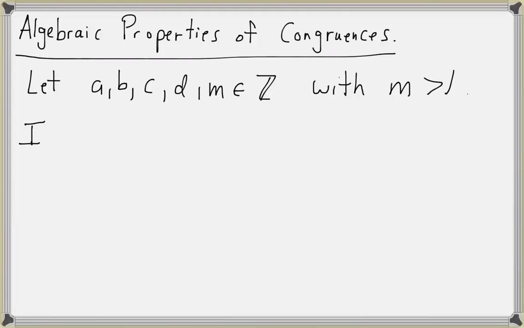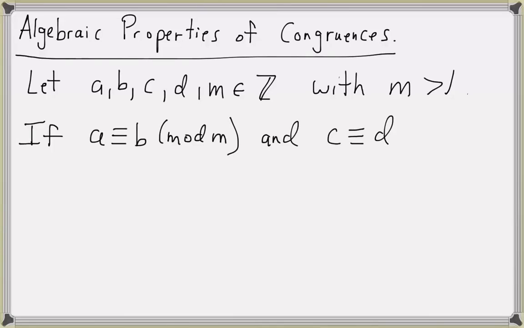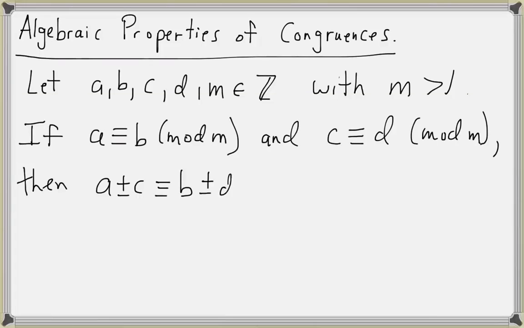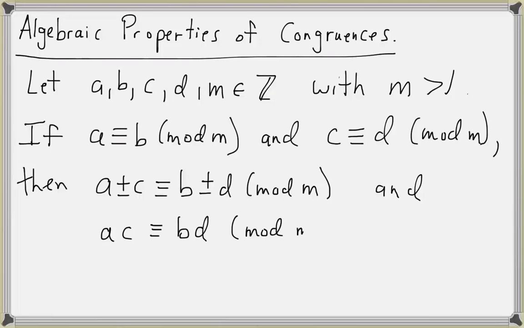Then if a is congruent to b mod m and c is congruent to d mod m, then a plus or minus c is congruent to b plus or minus d mod m, and a times c is congruent to b times d mod m.